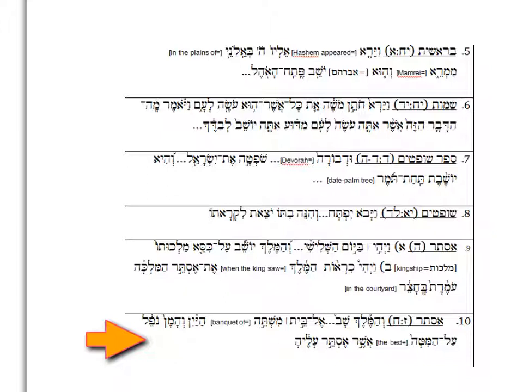Now let's look at number 10. So here we have number 10. V'hamelech shav, the king returns, al beit mishteh hayayin, to the place where the banquet is taking place that Esther made. V'haman nofel, Haman nofel al hamita asher Esther alaha. So Haman was nofel. So do I have a speaker or a narrator? I have a narrator.